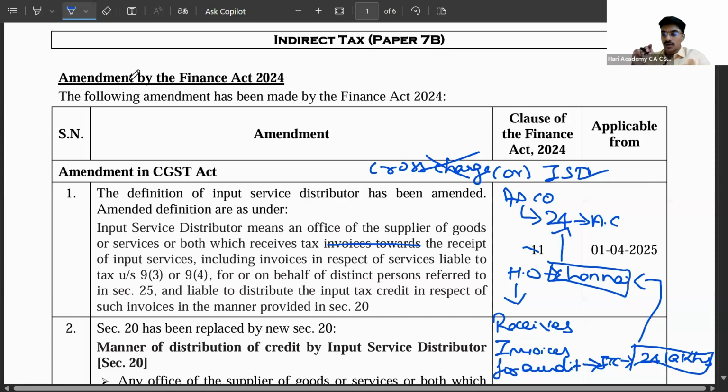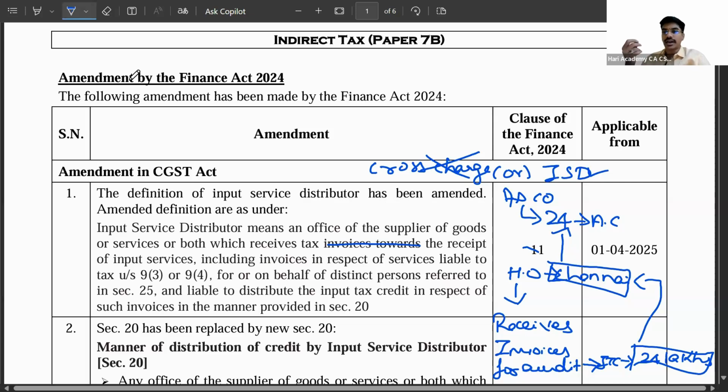Or this Chennai entity will itself raise a tax invoice on, for example, a unit in Kerala or Karnataka for transferring this credit.